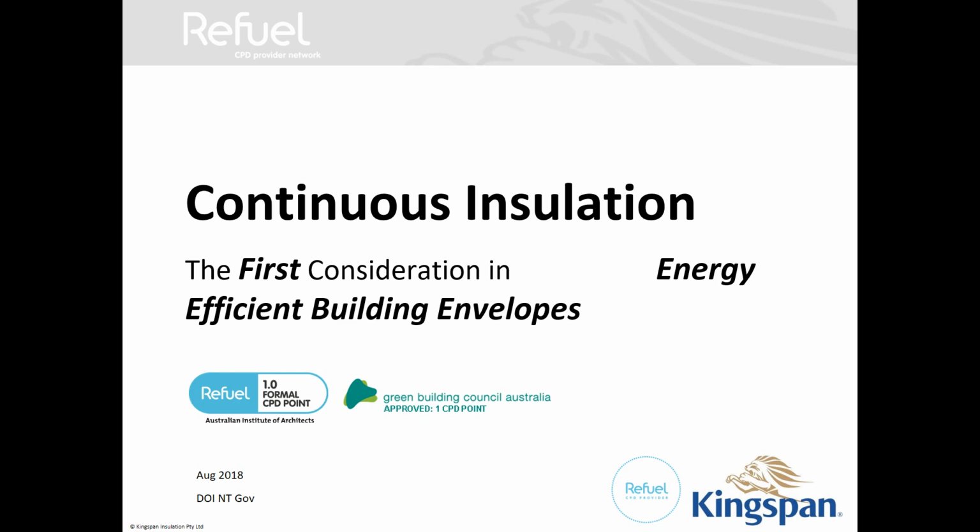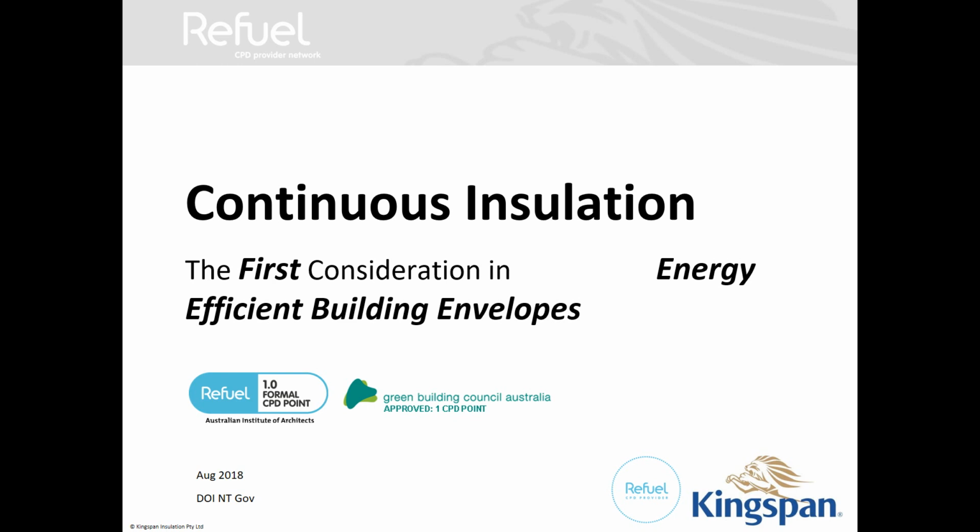When you're using a structurally insulated panel, which is like a sandwich of wall sheeting, insulation and external sheeting, you don't have any studs in between that create a point of conductivity. So it's a continual insulation.